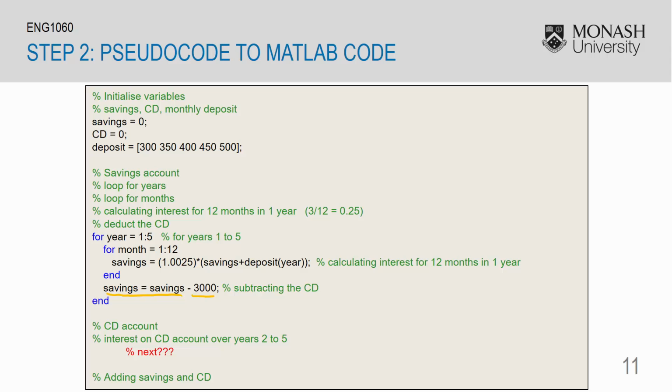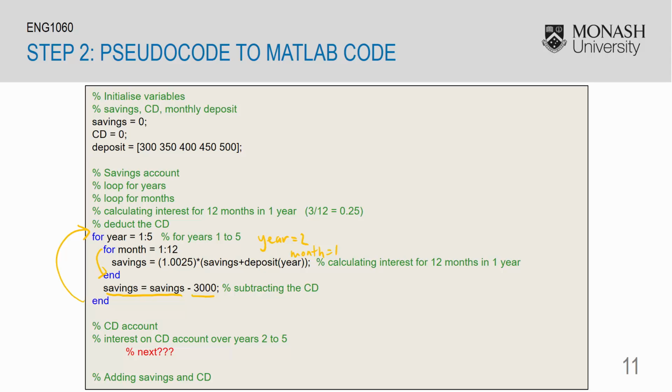So at the end of the first year, it subtracts the $3,000 so that we can purchase our CD. Then it will run back up here and the year will change to 2. Month will restart back at 1 and repeat the same calculations for 12 months before again subtracting 3,000 at the end of the second year.